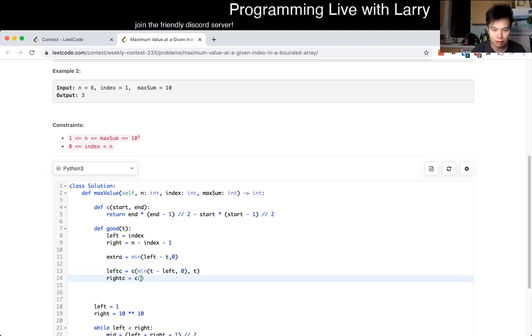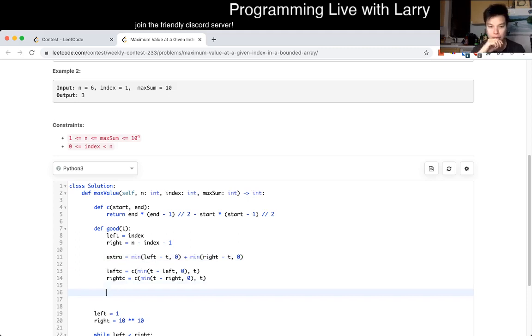Okay, let's just say we have to go from right minus... so right is the number of items. Okay. Now is that, yeah, okay.